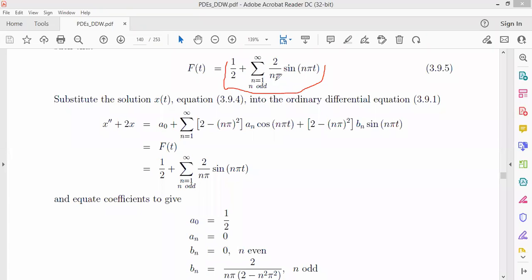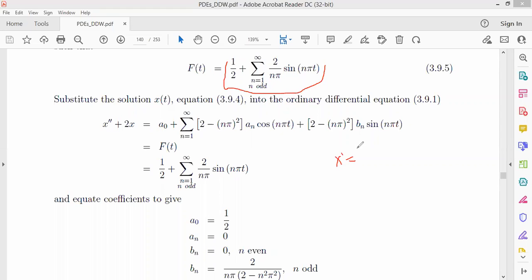Maybe we do this together. The first time you differentiate this one, because x is going to take on that form, it will be x prime, which will be what? This will be 2n pi because of this sine here. Remember, this is 0.